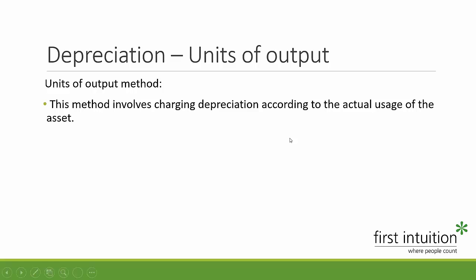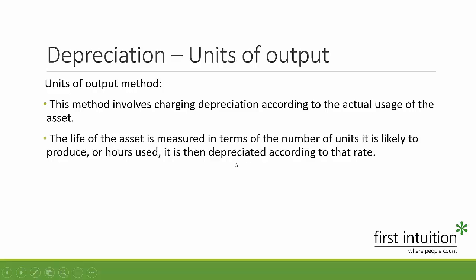So as we just said, it involves charging depreciation according to the actual usage of the asset. When we talk about the units of output, the clue is in the name. We're charging depreciation based on how productive that thing is. So for example, if we're talking about a car, we're talking about mileage placed on the car. If we're talking about a machine, we're talking about the amount of units that it has produced. So the life of the asset is measured in terms of the number of units it is likely to produce or hours used.